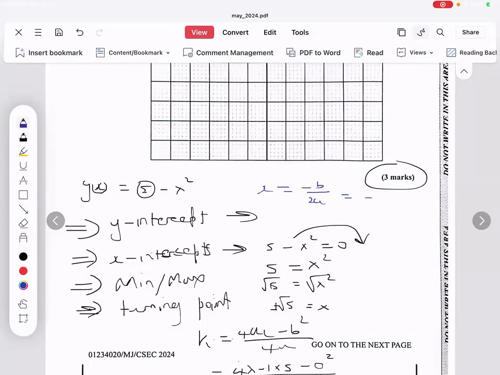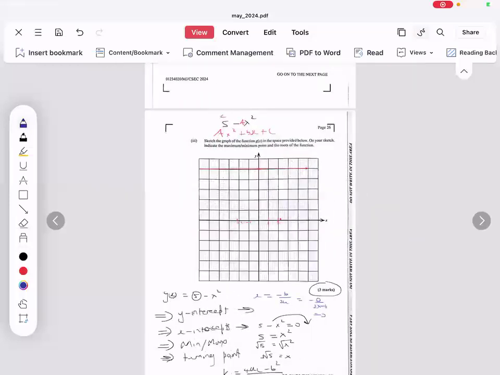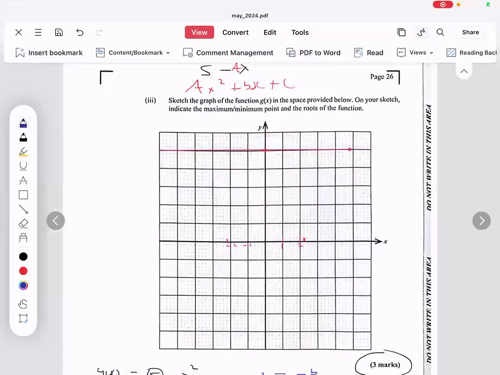So there's no B, so it's just minus 0 over 2 times A, which is -1. And 0 divided by any number is going to be equal to 0. So basically, it's being cut here.